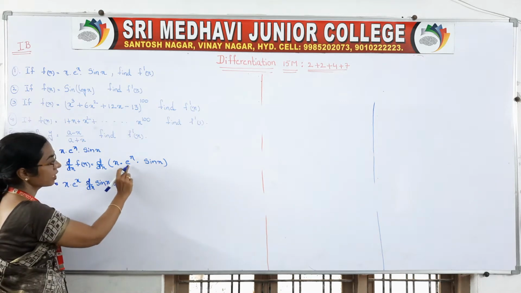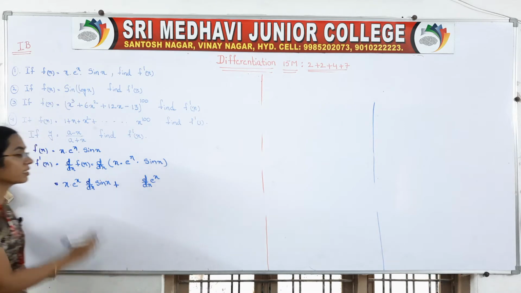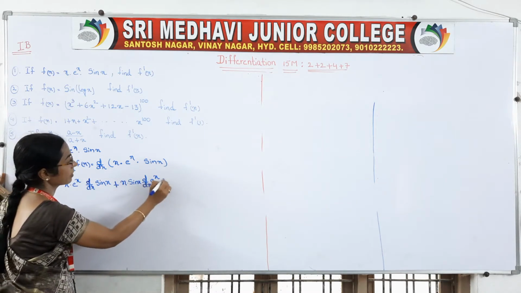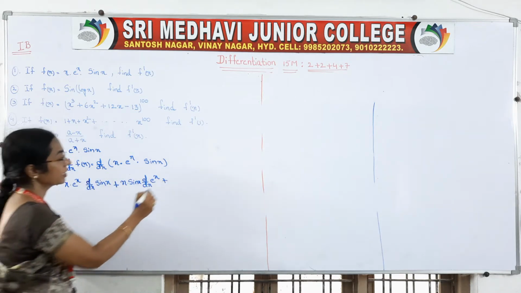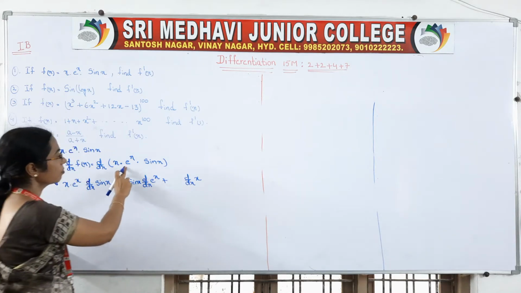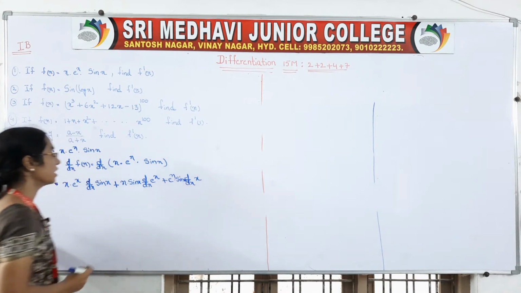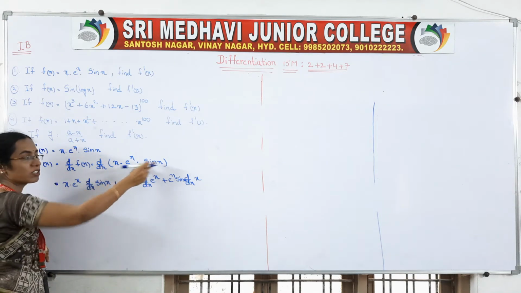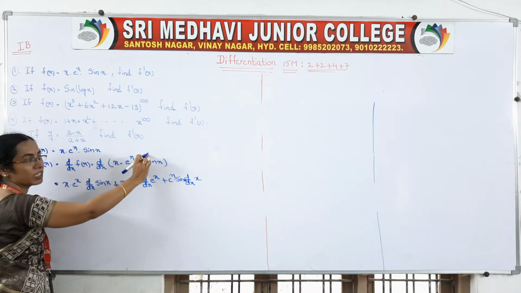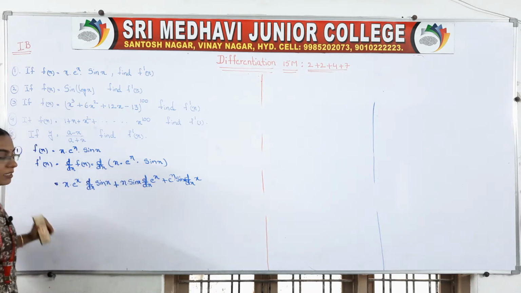Next, plus, you take the second one, so d by dx of e to the power of x, keeping the remaining terms, x into sin x, as it is. Next you take this one, differentiate d by dx of x, and keep these 2 terms as it is. Okay, so this is the procedure. First differentiating this term, keeping these 2 terms as it is. Differentiating this term, keeping these 2 terms as it is. Differentiating this term, keeping these 2 terms as it is.